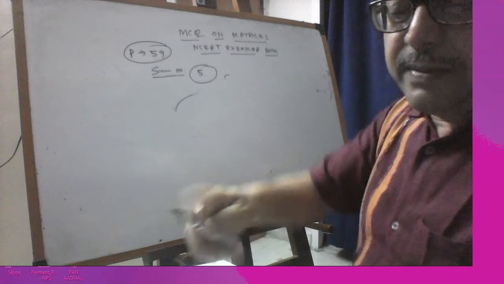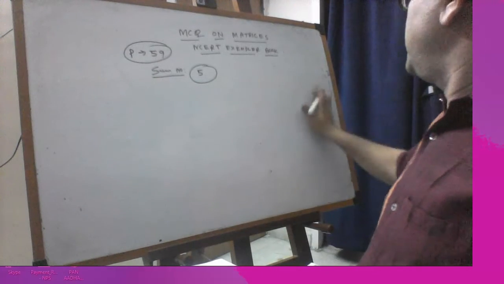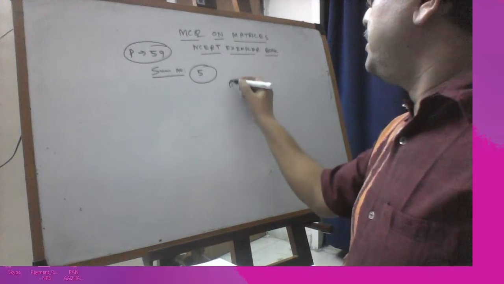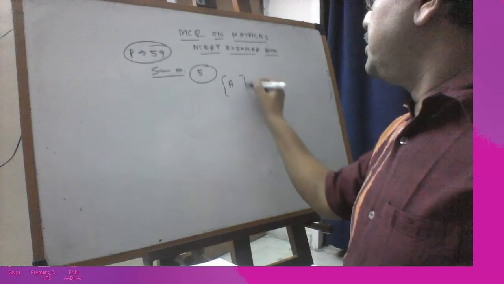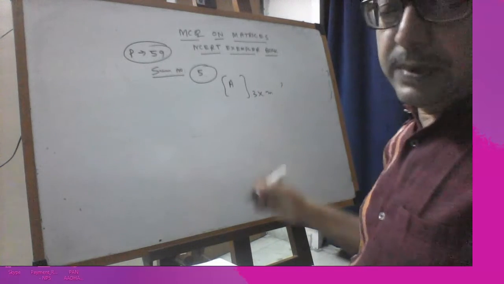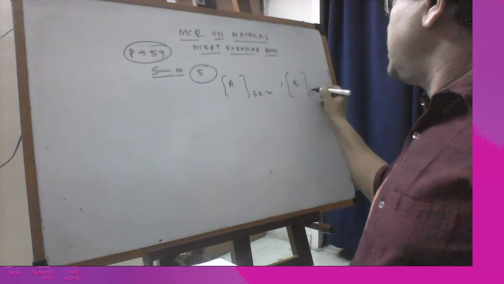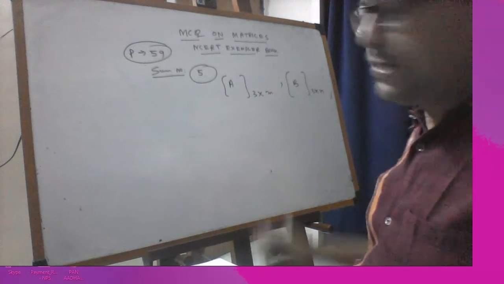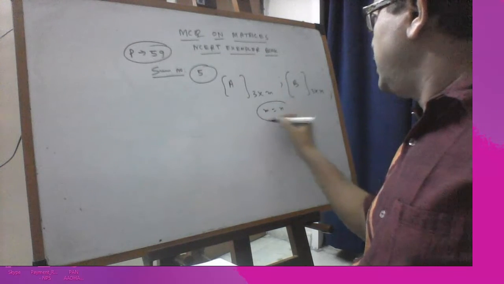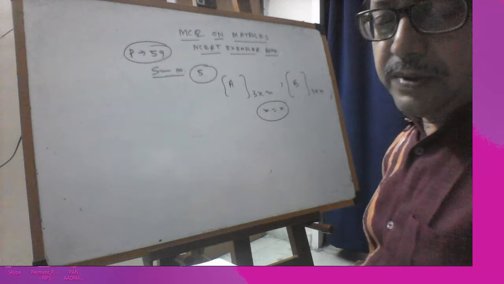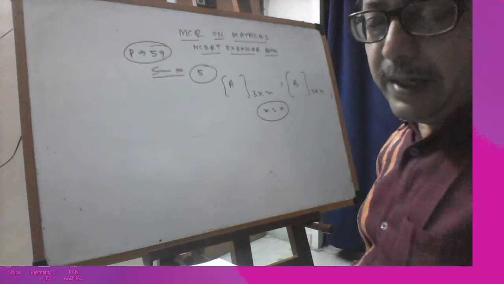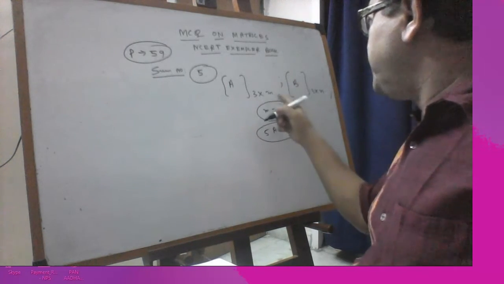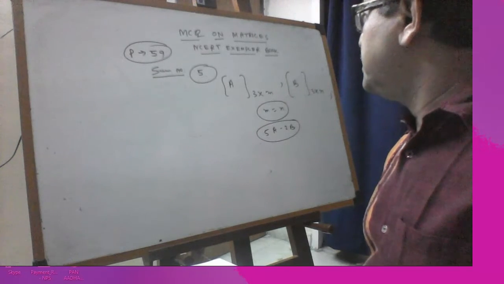For sum number 57, A and B are two matrices: A is of order 3 cross M and B is of order 3 cross N, and M is equal to N. Then what is the order of 5A minus 2B? See, there is no link with the number of columns or number of rows.